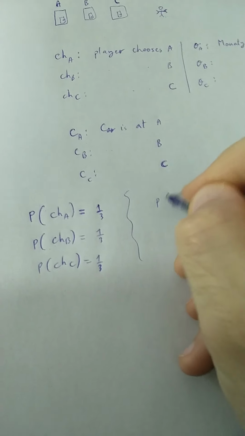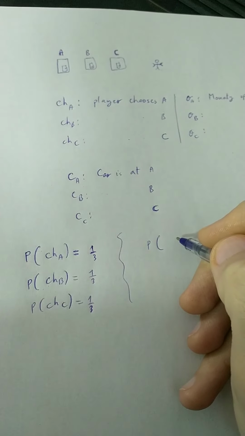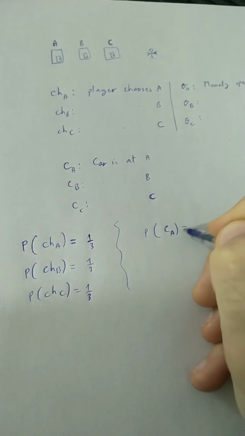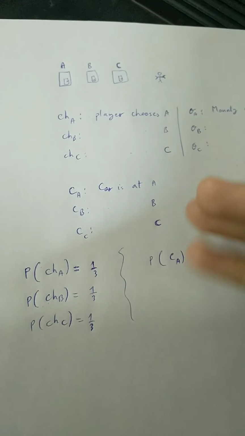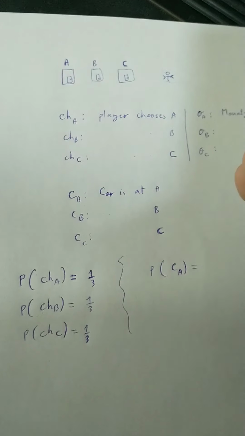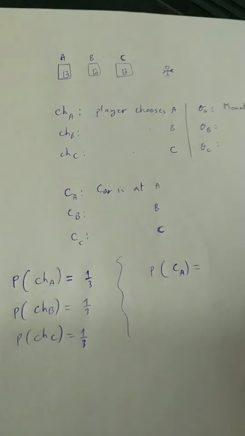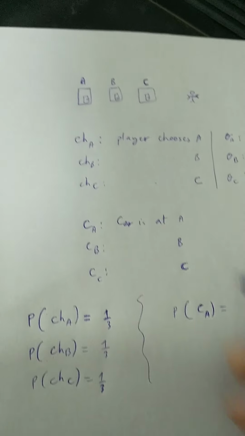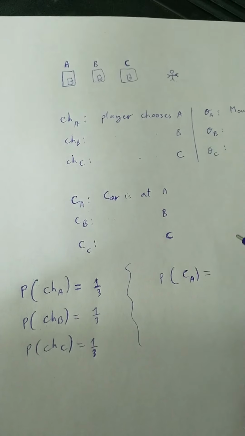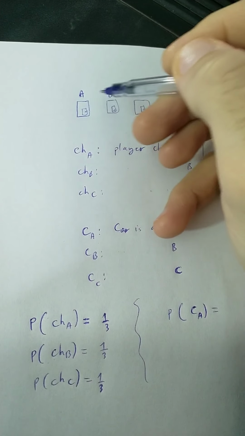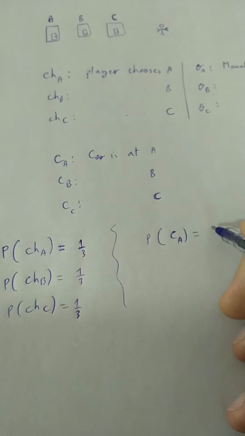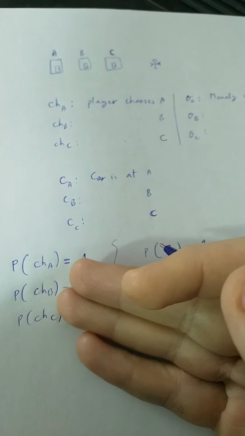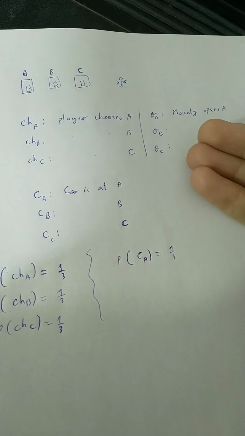Okay, so what is now the probability that the car is at A? Actually, the car was placed long before the game started. So the probability that the car is at A is really equiprobable. The game organizers put the car in A or in B or in C, so it's again 1/3. And it has nothing to do with your choice, nor with what Monty will open.